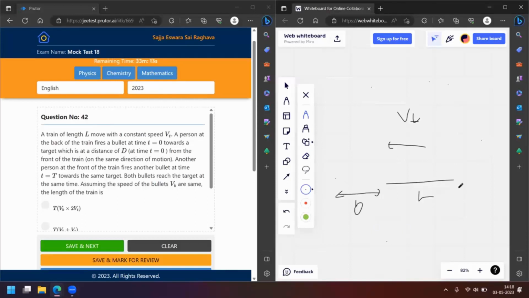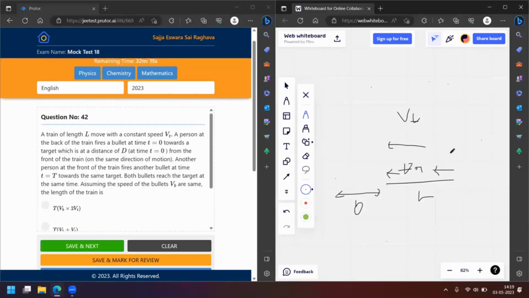A person who is at the back of the train shoots a bullet towards the target. Another person who is at the front of the train shoots after a time interval. Since it is given that the speed of the bullet is the same, and both of the bullets are hitting the target at the same time, we can consider that at time T, the first bullet is near the front of the train.